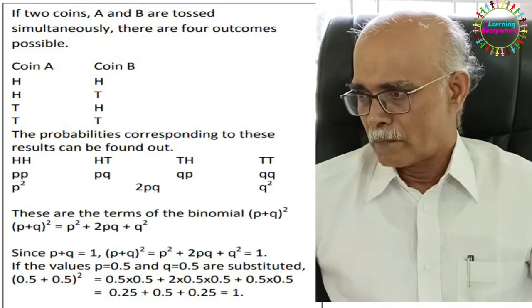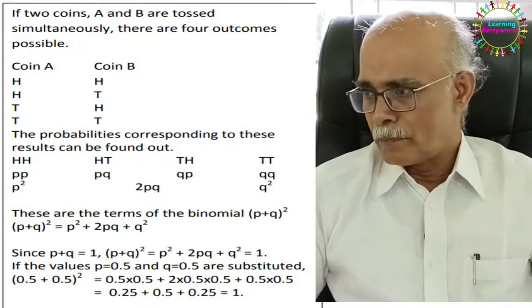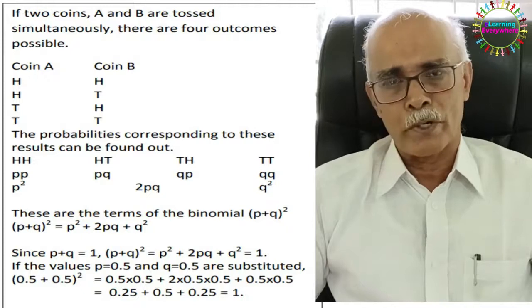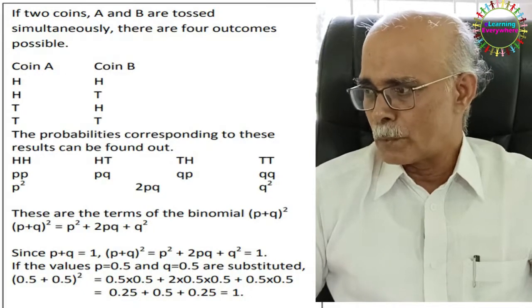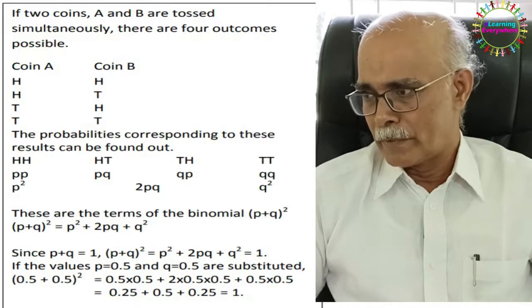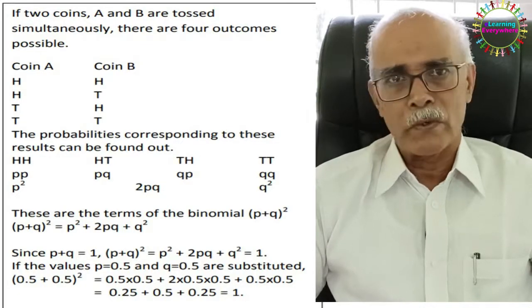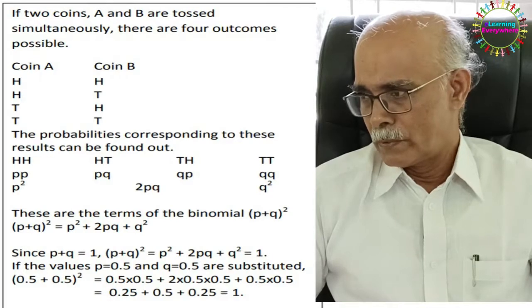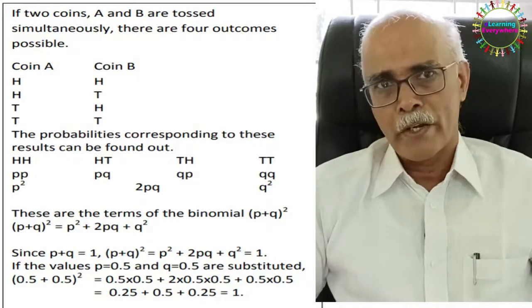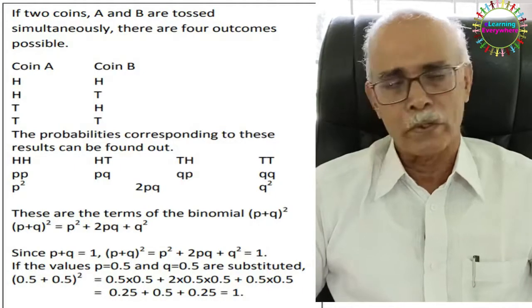And if you are substituting the values of P and Q, P is equal to 0.5 and Q is equal to 0.5, in the binomial, 0.5 plus 0.5 the whole square is equal to 0.25 plus 0.5 plus 0.25, which is equal to 1. Then you can see the binomial theorem.